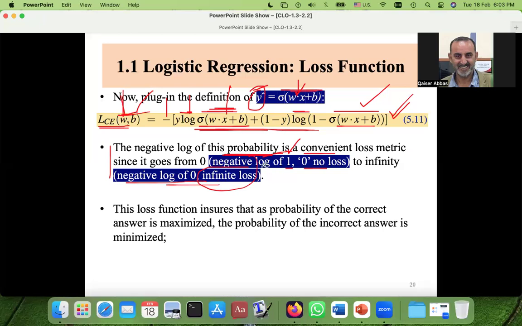If you take the log mathematically, I have highlighted it in blue, the log of 1 gives you 0. This is what we want from our model. So that's why this equation, the negative log of this probability, is convenient. It's suitable and okay for our model.